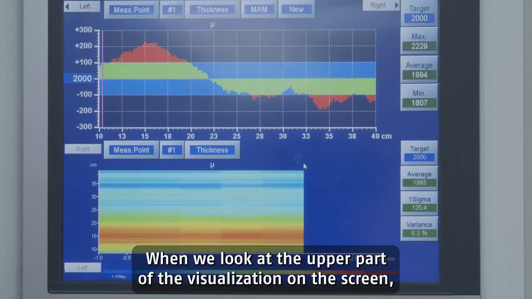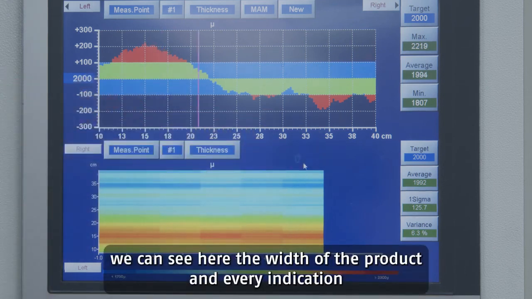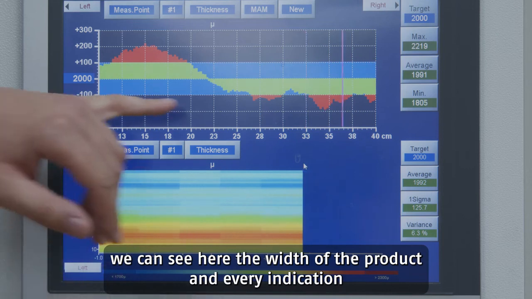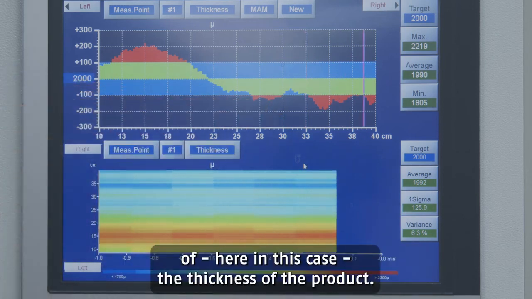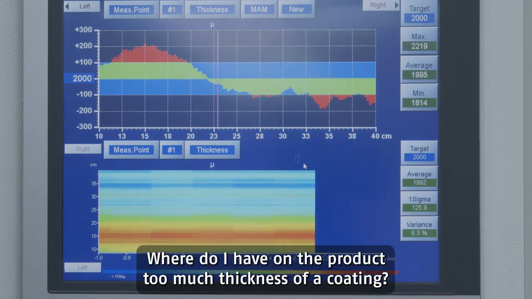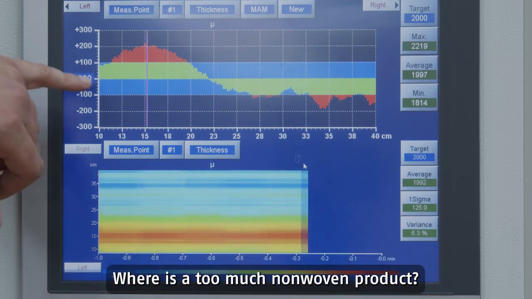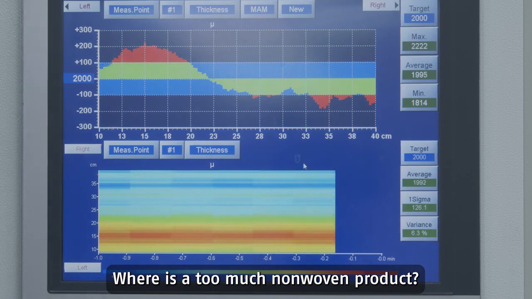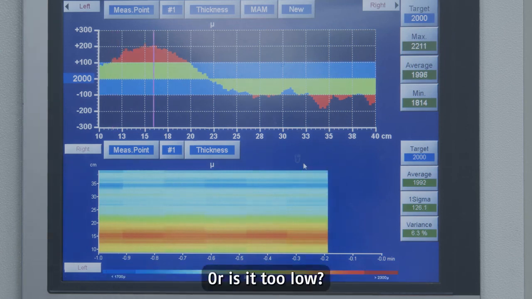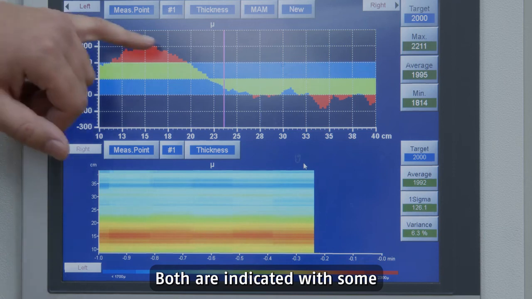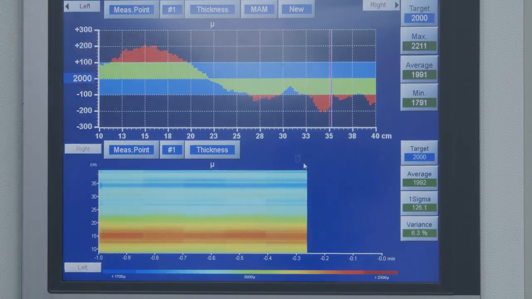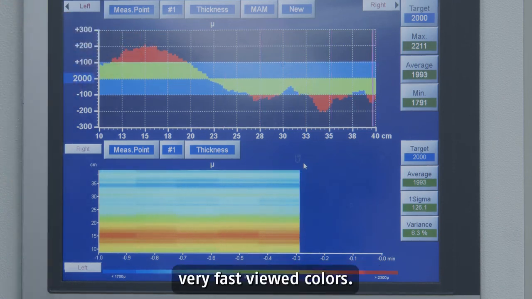When we look at the upper part of the visualization on the screen, we can see the width of the product and every indication of, in this case, the thickness of the product. Where do I have too much thickness of a coating on the product? Where is there too much non-woven product, or is it too low? Both are indicated with very fast viewed colors.